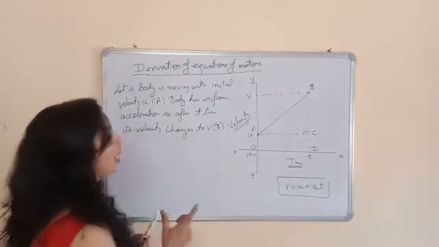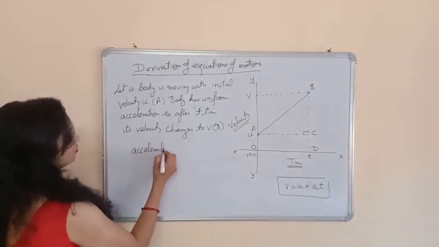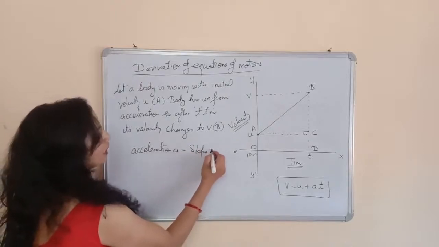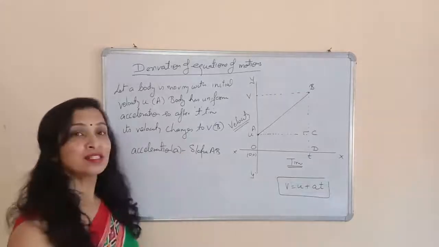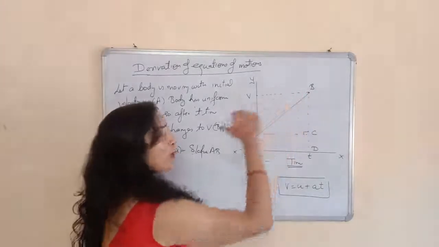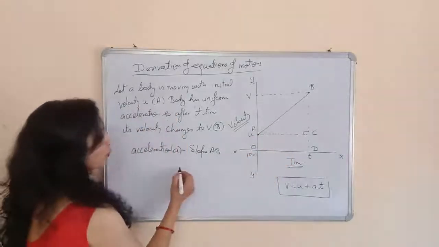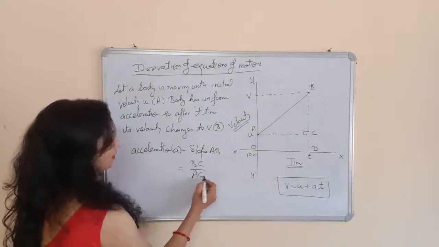So we have to find the acceleration. Acceleration means slope AB. For finding the acceleration, we have to find the slope. Slope AB means the perpendicular upon the base. The perpendicular is BC, and the base is AC.